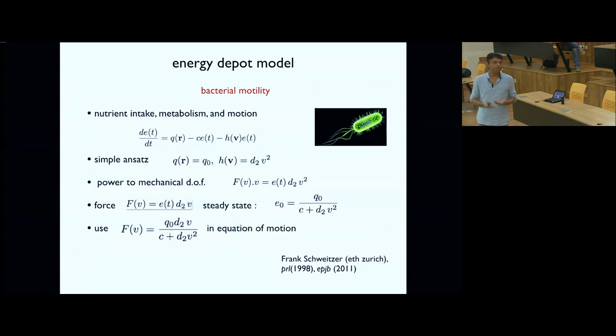But we can use a simplification, say that the bacterial internal energy depot equilibrates faster. So the dynamics is much faster; not equilibrate, it goes to a steady state faster. And if it goes to a steady state, one can use a steady state assumption. Then you will get a steady state energy which is even in velocity. And as a whole, you will get a force which is again odd in velocity.